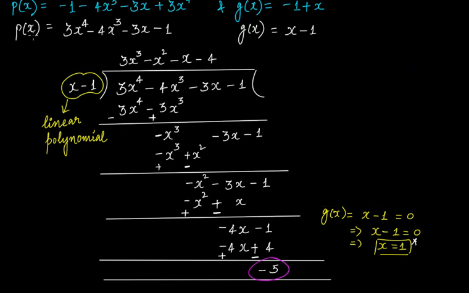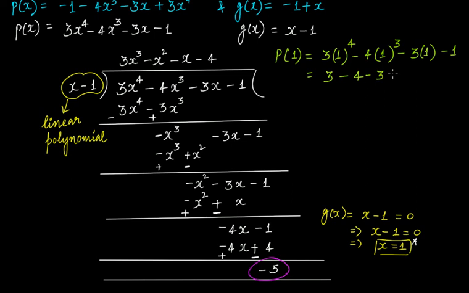So p(1) will be 3 multiplied by 1 raised to the power 4, minus 4 multiplied by 1 raised to the power 3, minus 3 multiplied by 1, minus 1. This gives you 3 minus 4 minus 3 minus 1. Minus 4 minus 3 is minus 7, minus 7 minus 1 is minus 8. So this is 3 minus 8, and this gives you minus 5.